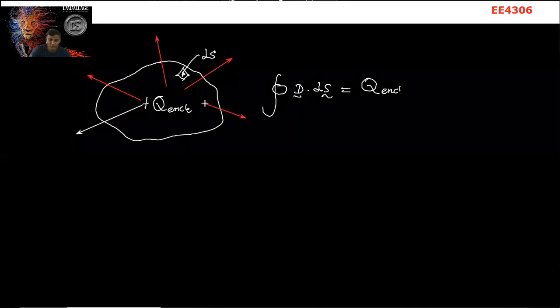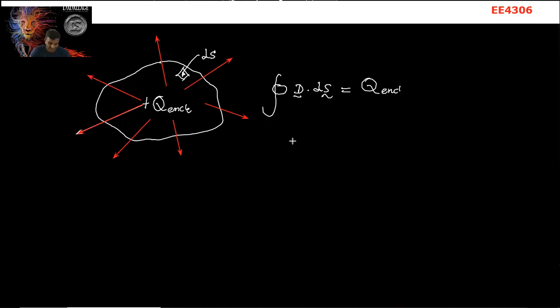The total flux going through this closed surface you can find by using the surface integration of the flux density. As a result, you can find the total charge enclosed by this closed surface. So we will try to do one example based on this Gaussian theorem.